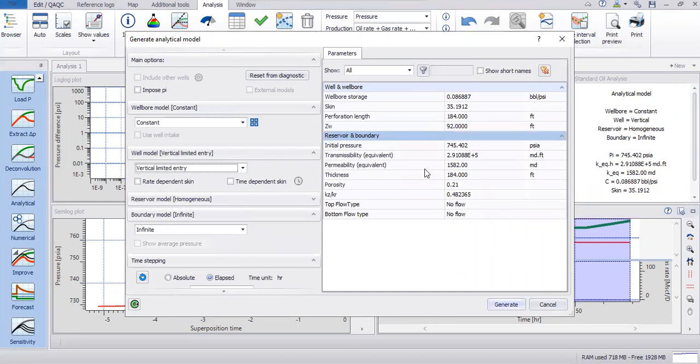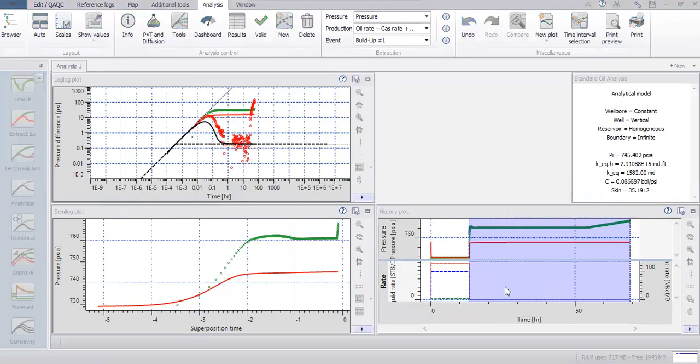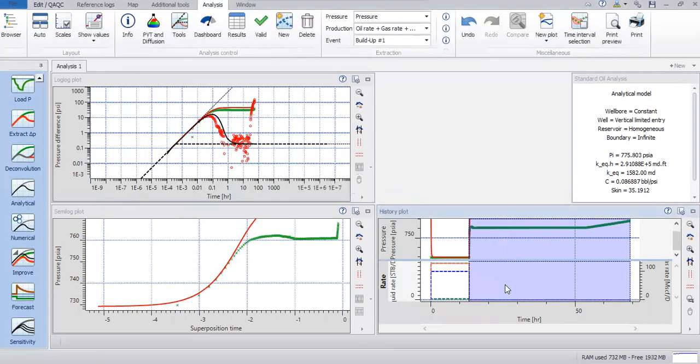vertical, limited entry. By the way, it's a vertical well. Perforation length. Yes. Okay. Sorry, it's 6. All right.